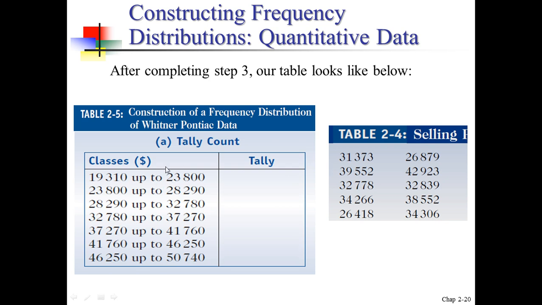No. This number does not go to the first. 23 to 28? This number also does not go to the second one. 28,000 to 32,000. That's why 31 must be inside this class. So I will put mark 1 here and I cross here.